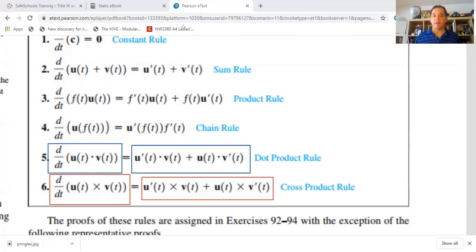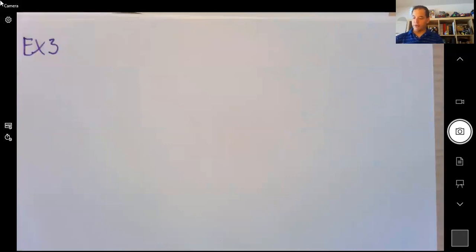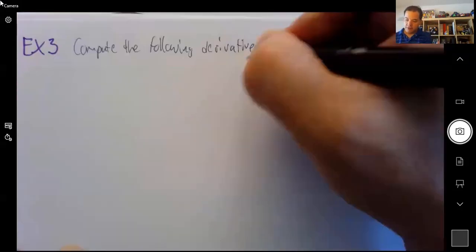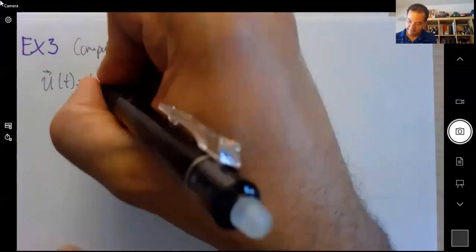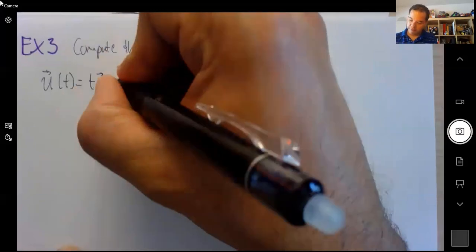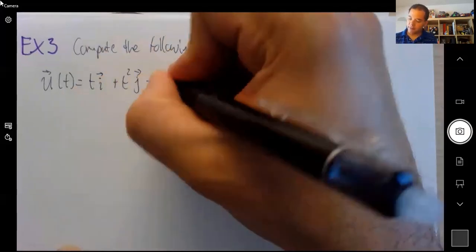Okay, let's switch to the page. Okay, example 3, we have: compute the following derivatives. So u of t is t times i plus t squared j minus t cubed k.